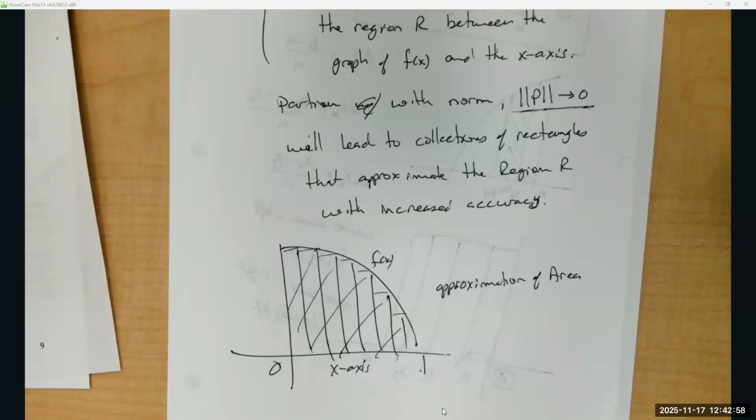Not a difference. I don't know if I'm answering your question, but the idea is it's more accurate if the partitions are getting smaller and smaller. But what's the norm? That is true. Yes, that's what we're looking for. That's what we've been saying. But what is a norm?